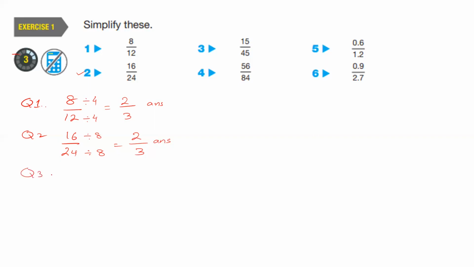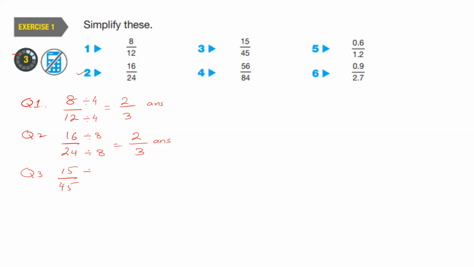Now question 3. 15/45. Now we find the highest number. 5, as you know, is a number which divides 15 and 45. But higher than 5 could be 10. No, if we divide 45 by 10, we may have a decimal.